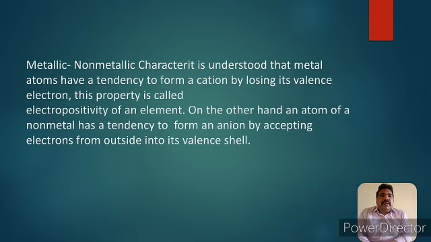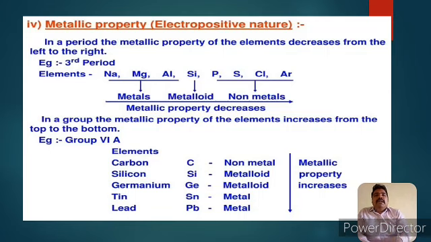On the other hand, an atom of a non-metal has a tendency to form an anion by accepting electrons from outside into its shell. So metals are basically electropositive and non-metals are basically electronegative. The periodic trend is now studied with the help of electropositivity and electronegativity in the modern periodic table.